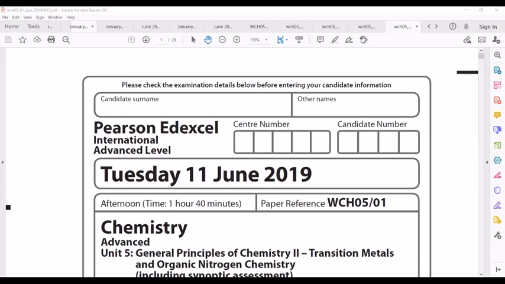Question 2. What's the right answer for question 2?